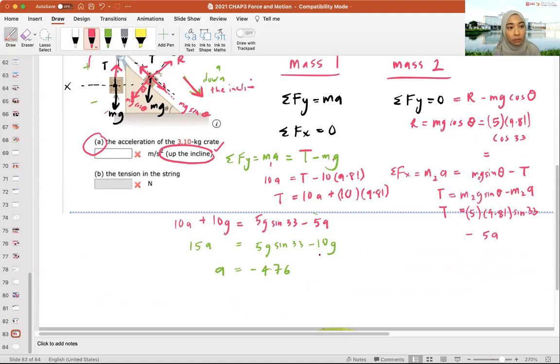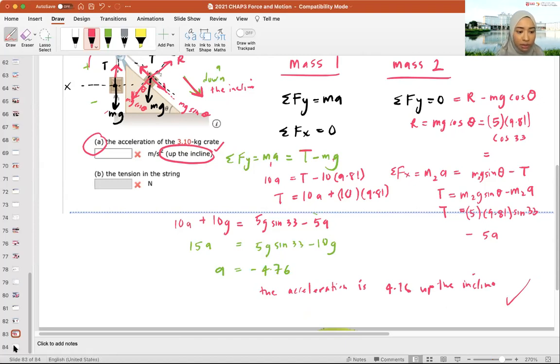Maksudnya, the motion is up the incline. Therefore, I can write this as the acceleration is 4.76 up the incline. Okay, so I use this number, but I say it's up the incline instead of going down. You can describe it like this and it will be correct. You don't have to change anything.